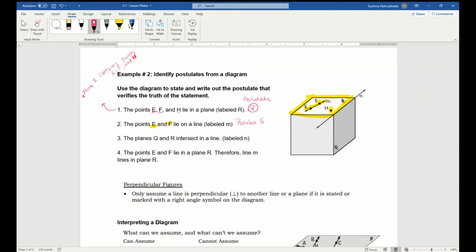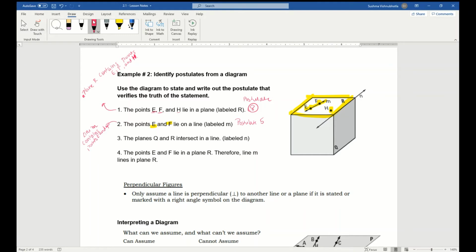If I wanted to use postulate 6, a line contains at least 2 points, I would have to start with line M. So I would say line M contains points E and F. So you just have to look at what the statement is starting with, or what you're given first.